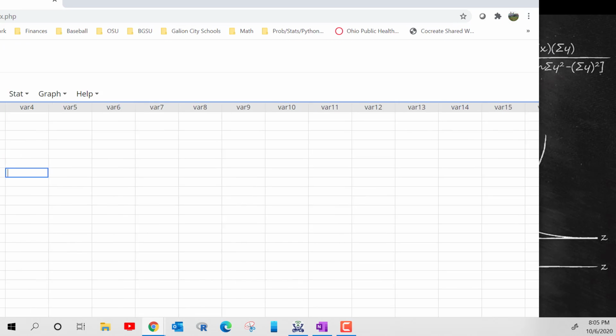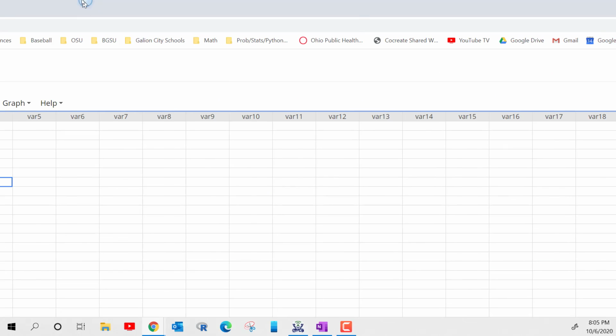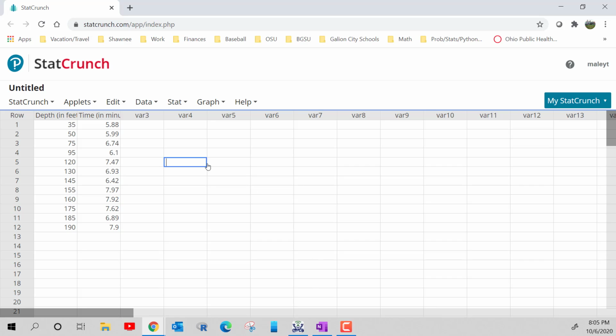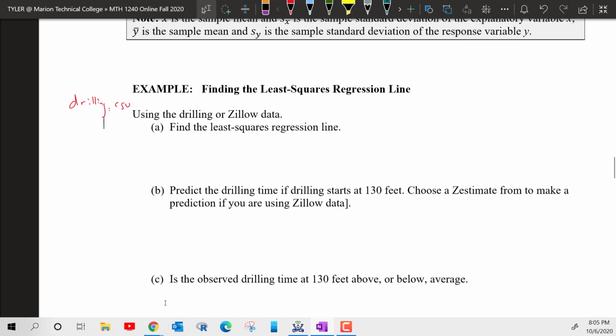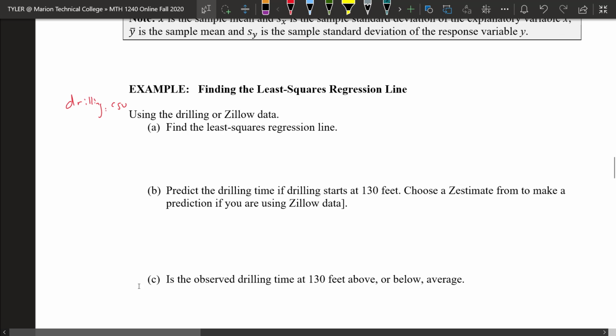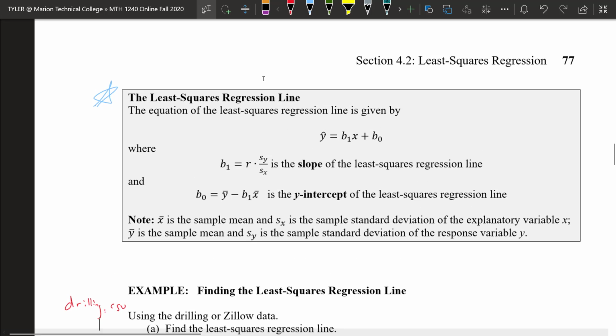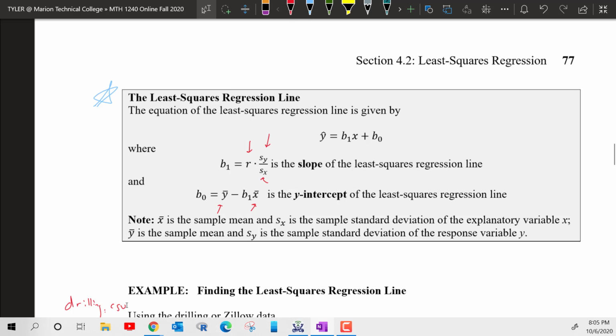So I have this already pulled up in StatCrunch. If you think about what we're going to need here, by looking at the equations, we're going to need to know r, the standard deviations of each variable, and the means of each variable in order to calculate this.